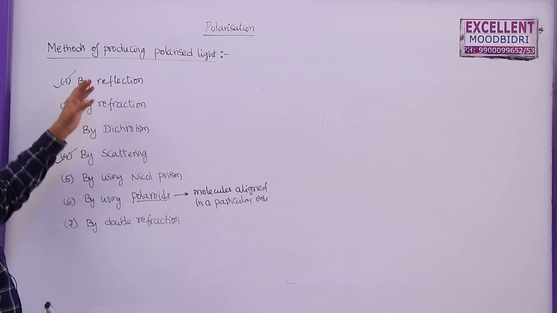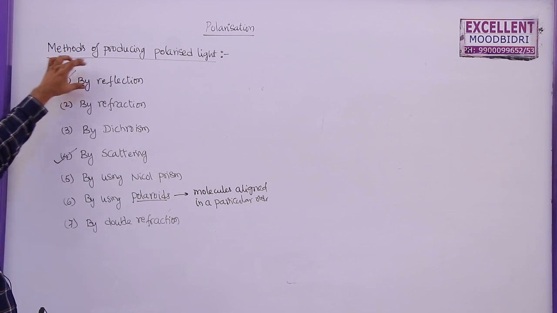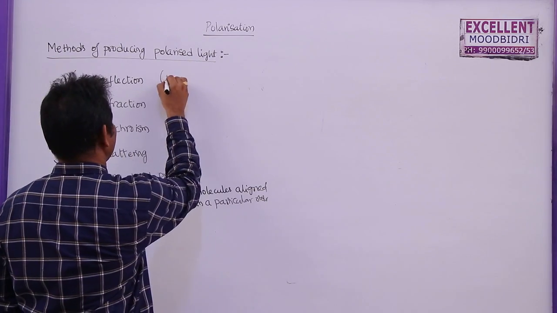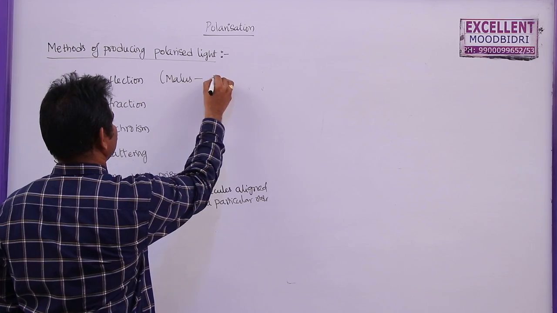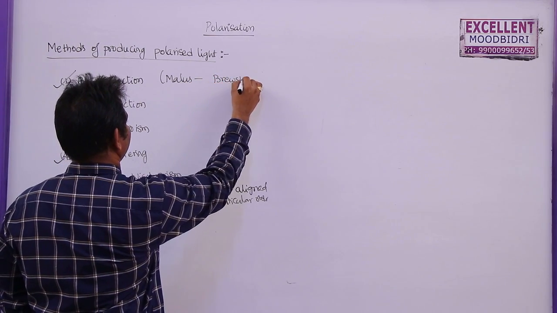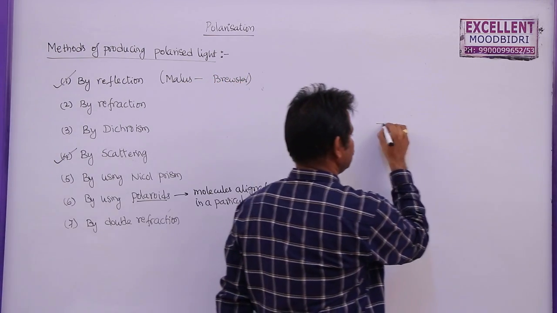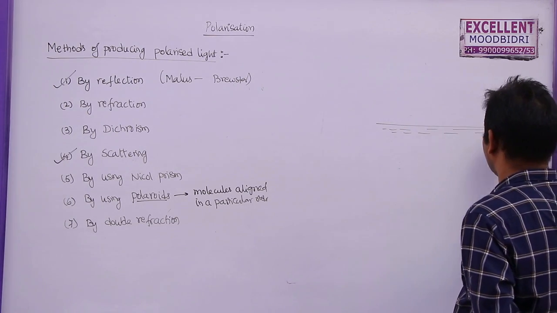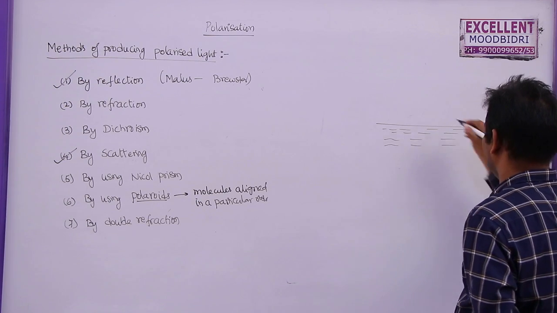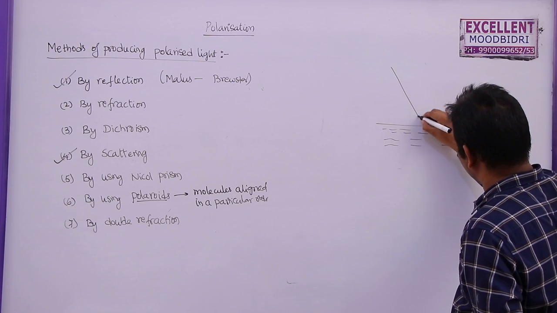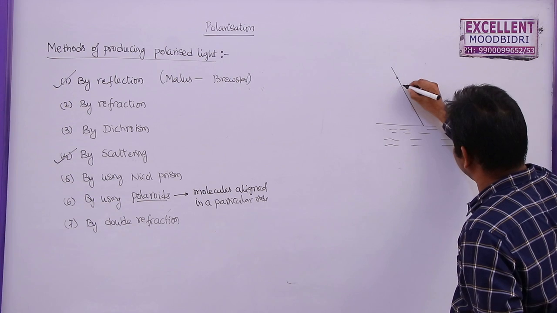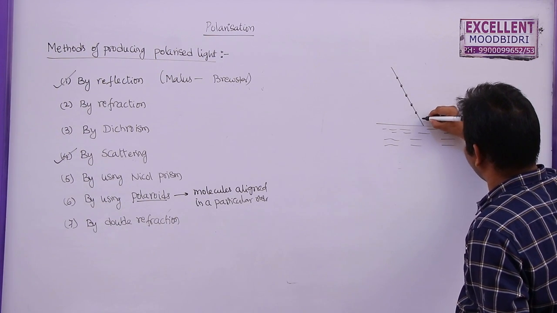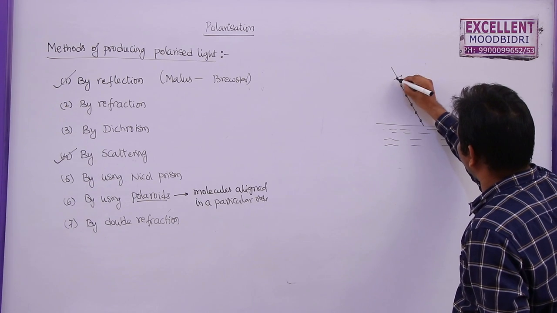Now, how to produce polarized light by using this reflection method? It was observed by Malus and explained by Brewster. In this case, if you take a denser medium here like water or glass, and an incident light ray is incident on this surface, which is unpolarized light, that means it consists of both dot and arrow components.